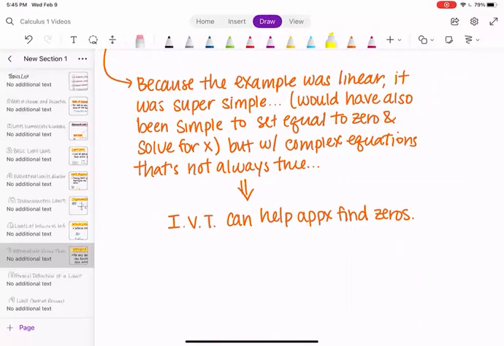The equations that govern the systems in your body are nowhere close to linear. So with all of those super complex equations, you can't necessarily find the 0 by just setting it equal to 0. So intermediate value theorem can help you approximate zeros and evaluate little chunks of the function at a time to help you find where those zeros might be and then govern it that way.